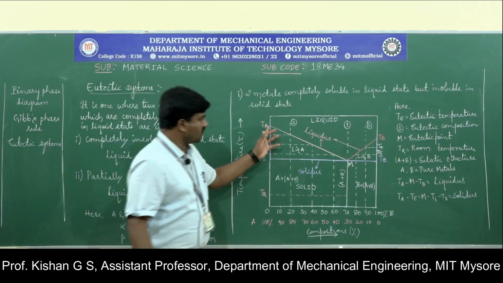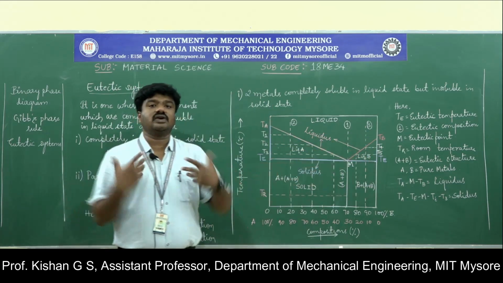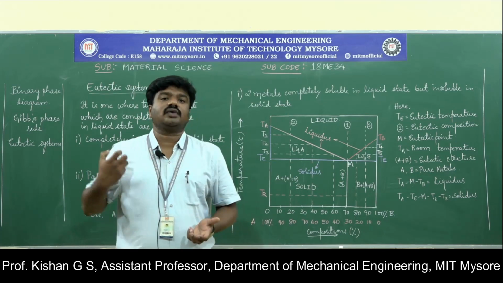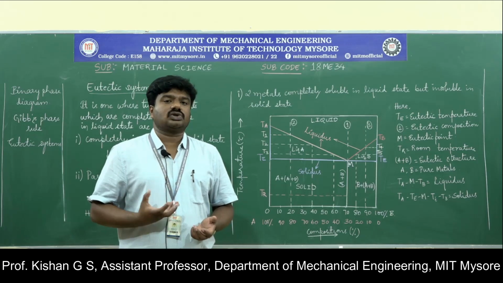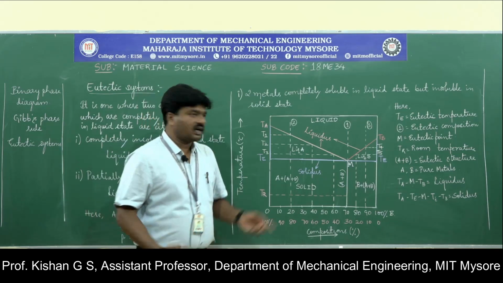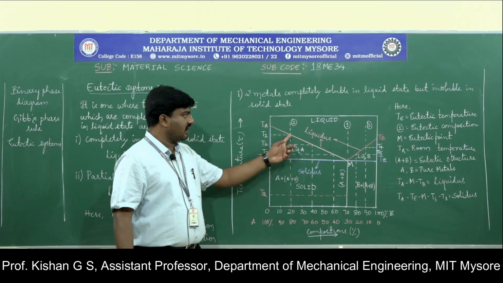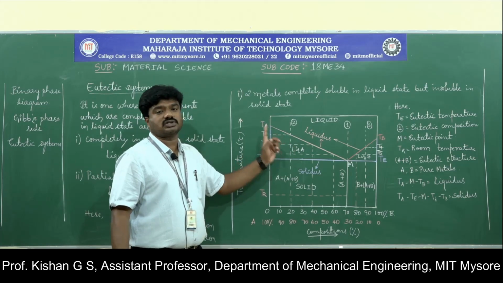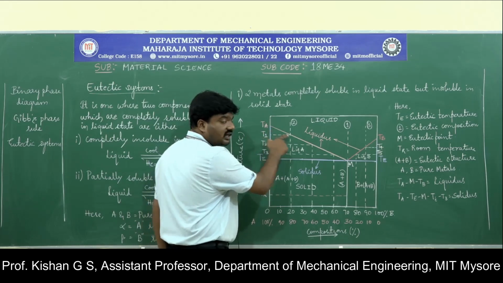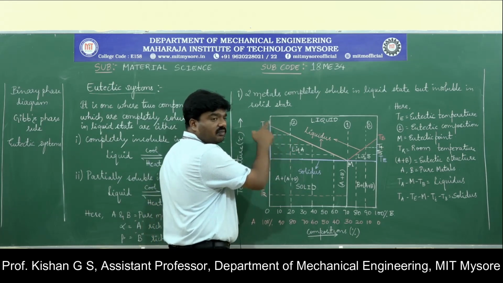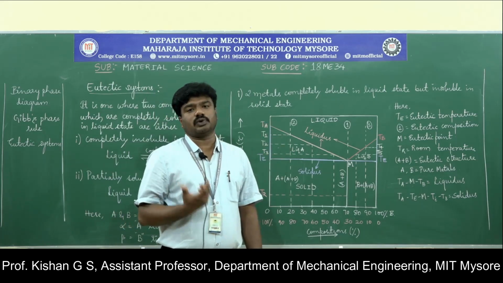Both the metals are in their melting condition at TA and TB respectively. Now you are reducing the temperature, that is, you are taking off the heat which was supplied to transform the material from solid to liquid. Once you have removed the heat, the temperature reduces. So with respect to composition 2, the solidification process is in progress, meaning that from TA to T1 the temperature reduces, from liquid to solid, and the solidification process is in progress.